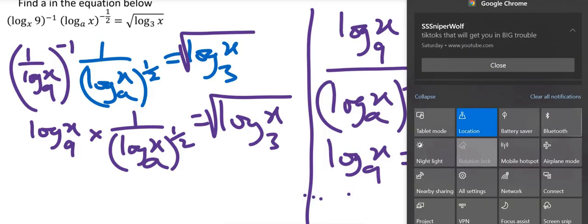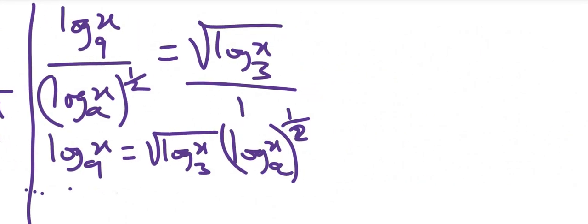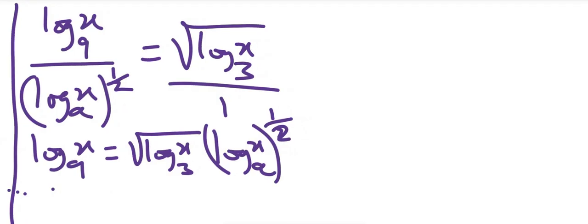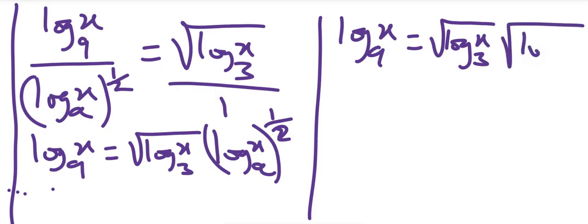Fractional power, we all know that fractional power is the same thing as square root. So what I need to do now is to change this part to square root. So I have log x base 9 equals the square root of log x base 3 times the square root of log x base a.